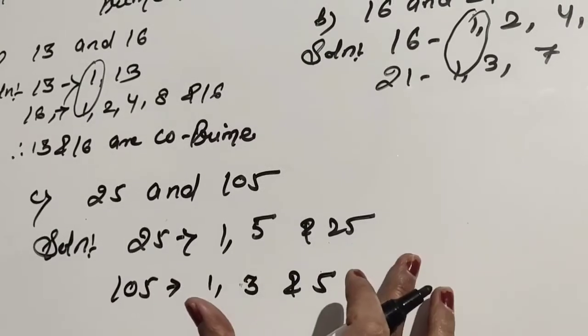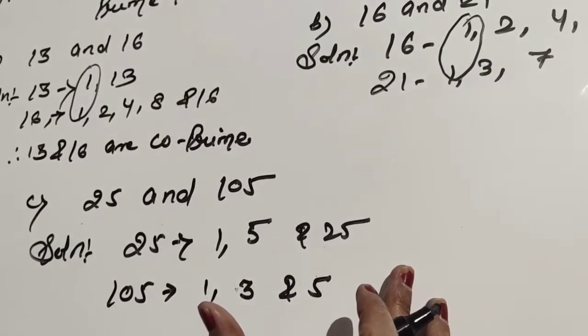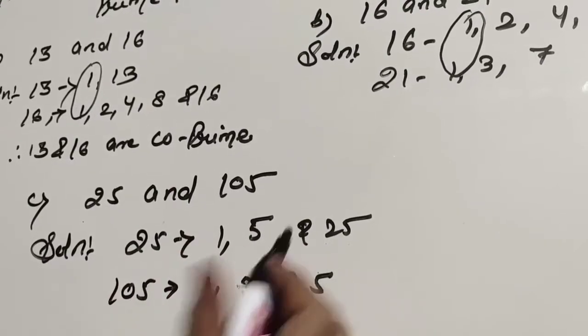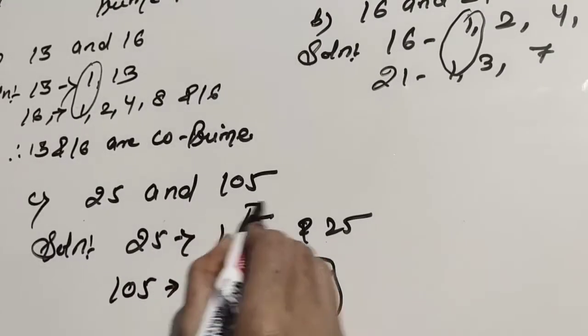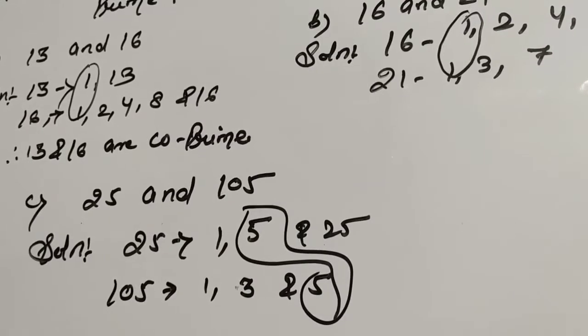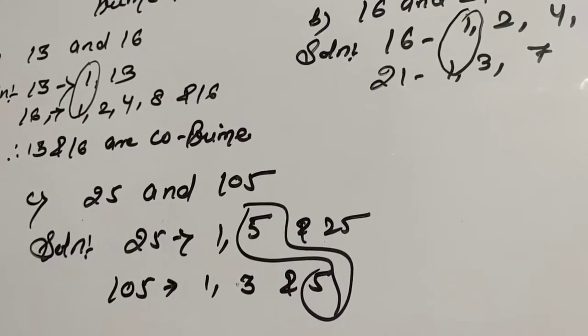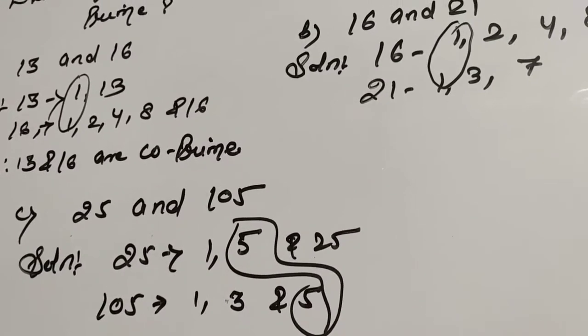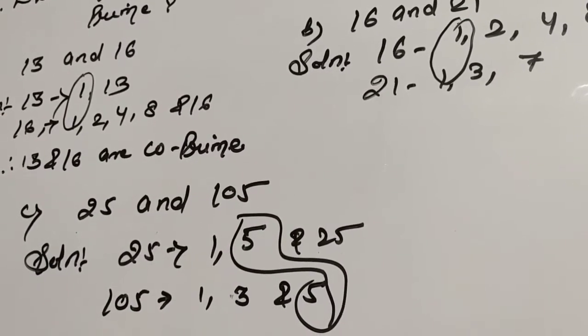Now in these two, 25 and 105 have common factors, other than 1. Therefore 25 and 105 are not co-prime.